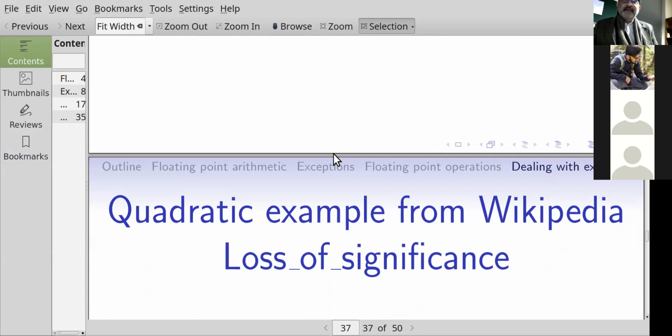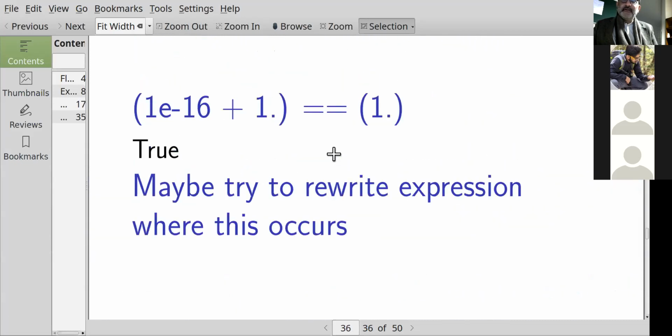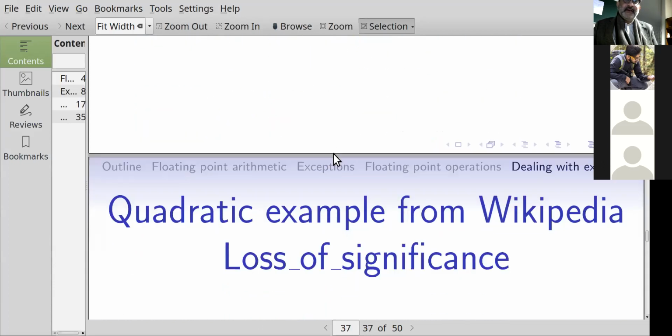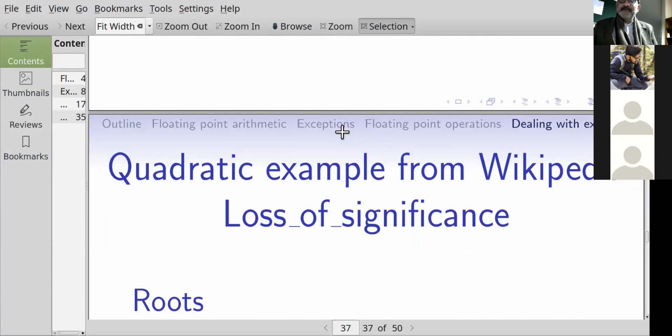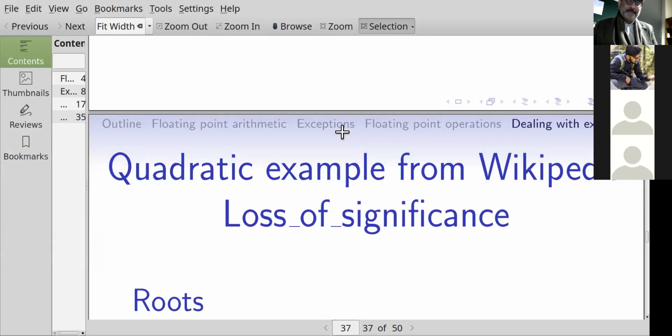So here, another example. This sort of thing is called a loss of significance. I stole this example from Wikipedia, right? I think this is a standard example that I remember seeing when I was in school, so I think everybody uses it. This is the quadratic example.